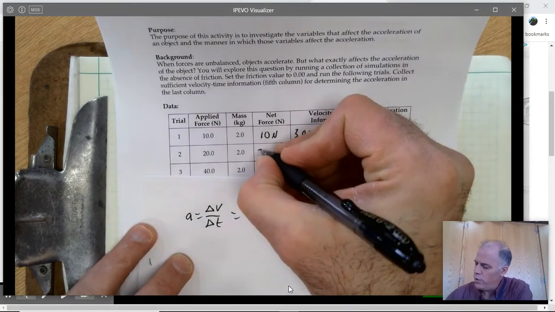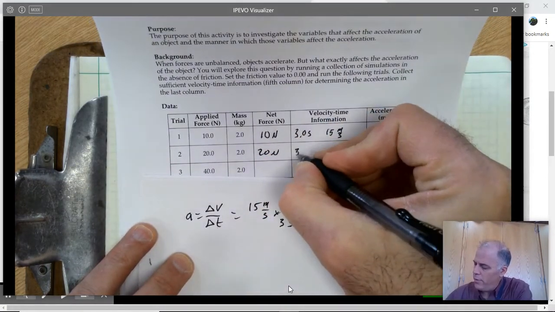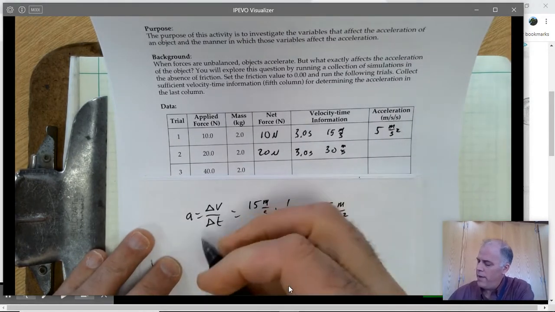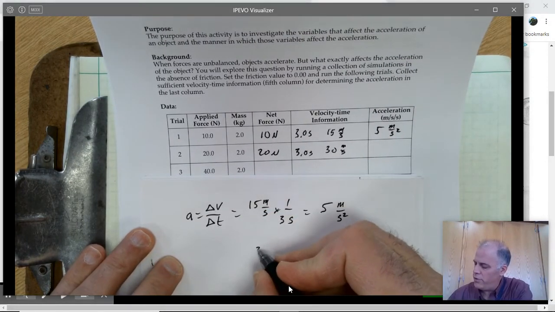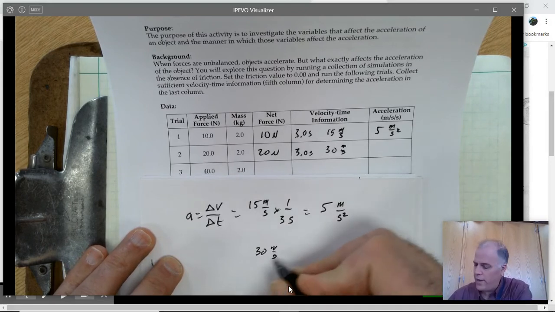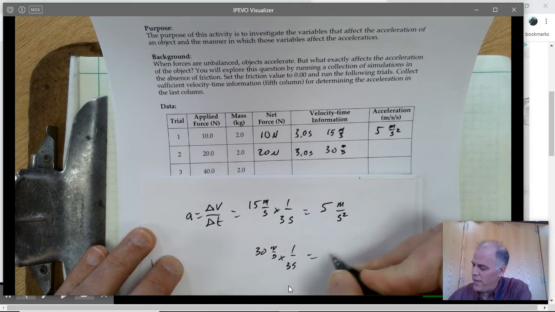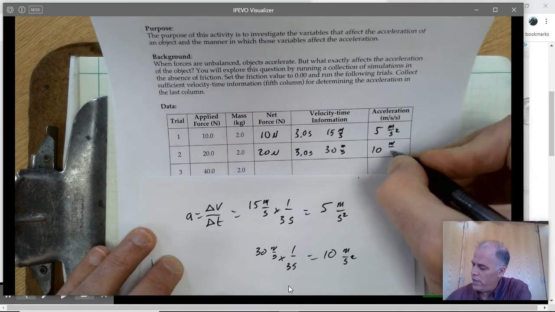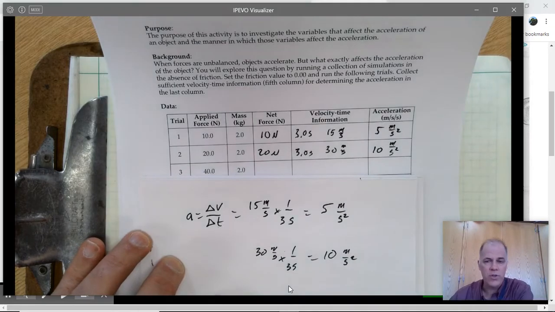So our net force was 20 newtons. In 3 seconds, we went 30 meters per second. And now our delta V over delta T is 30 meters per second times 1 over 3 seconds, and we get 10 meters per second squared is the acceleration for the second trial.